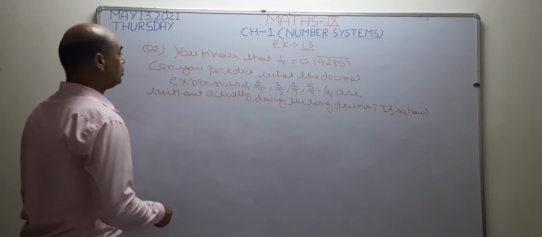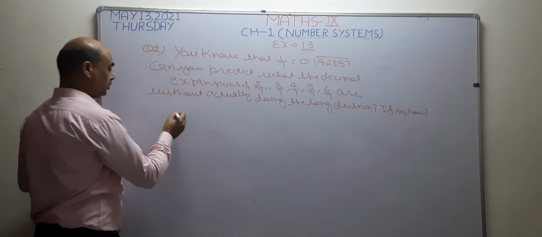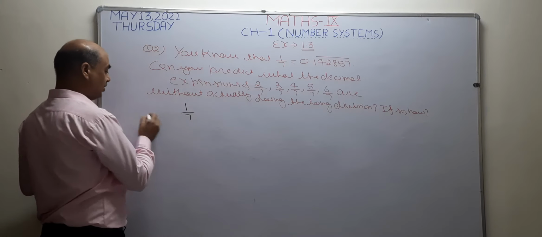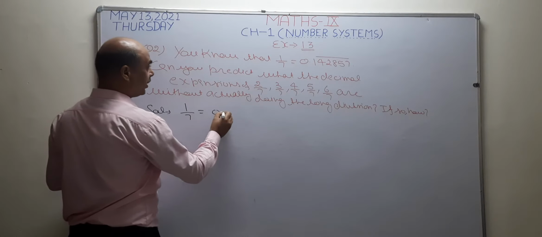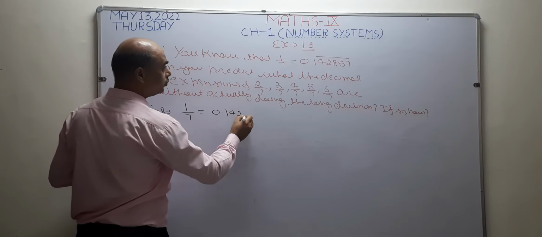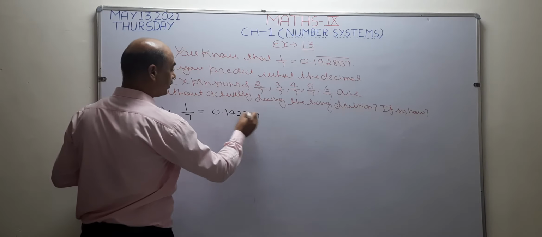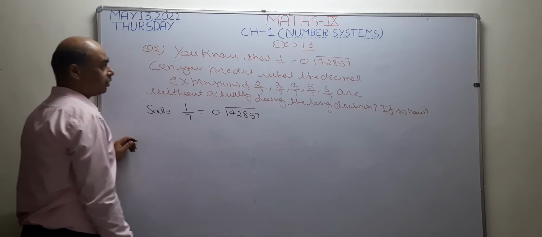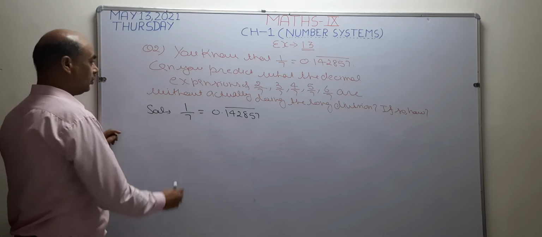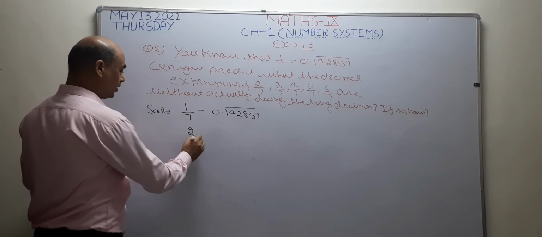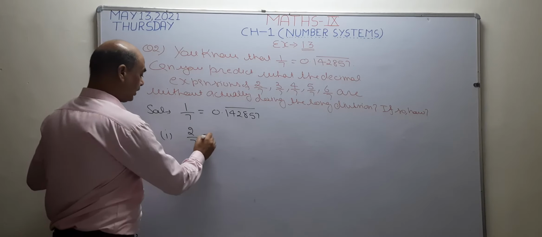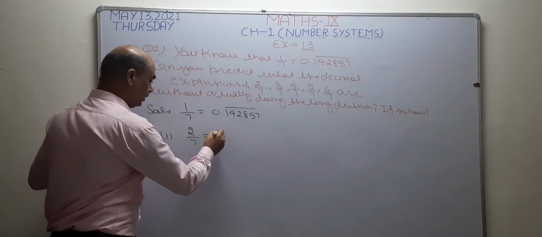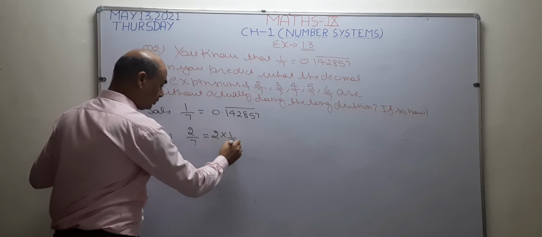Now, since we know the value of 1 by 7, the value of 1 by 7 is given. The value of 1 by 7 is 0.142857 with a bar. Okay, I want to find the value of 2 by 7 first. Can 2 by 7 be written in the form of this?